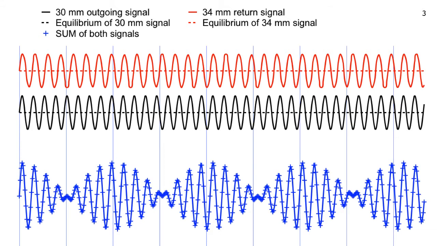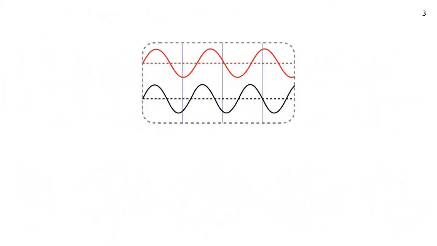Anyway, now here's kind of a close-up. I want you to look carefully at this, if you want to make a sketch of this. This is just a little close-up of the outgoing and the incoming. The outgoing is black on the bottom, the return signal is red on top.